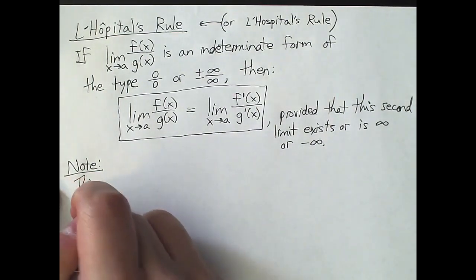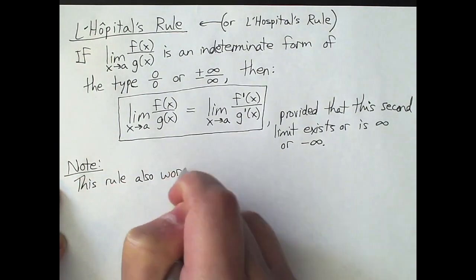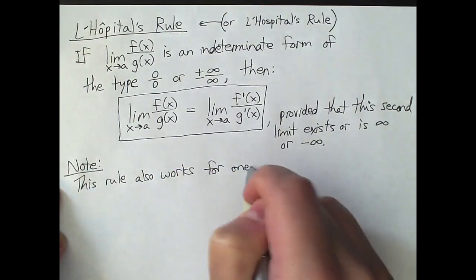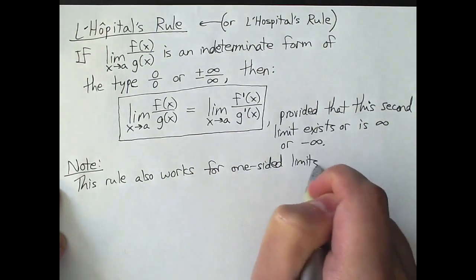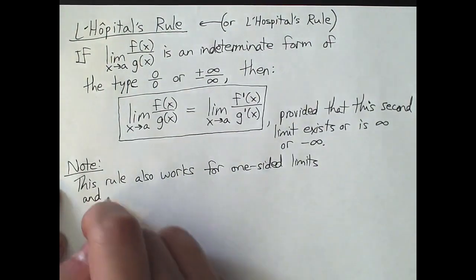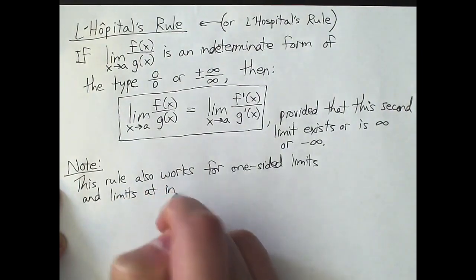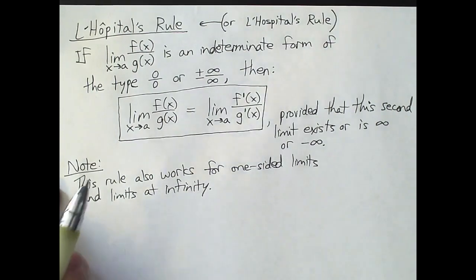So note, this rule also works for one-sided limits and limits at infinity. So I wrote the formula above with x approaches a.